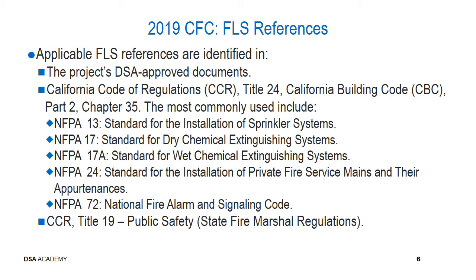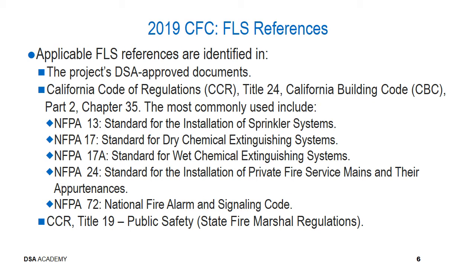The most commonly used include NFPA 13, Standard for the Installation of Sprinkler Systems, NFPA 17, Standard for Dry Chemical Extinguishing Systems, NFPA 17A, Standard for Wet Chemical Extinguishing Systems, NFPA 24, Standard for the Installation of Private Fire Service Mains and their Appurtenances, NFPA 72, the National Fire Alarm and Signaling Code, and California Code of Regulations Title 19, which contain the Public Safety State Fire Marshal adopted regulations.